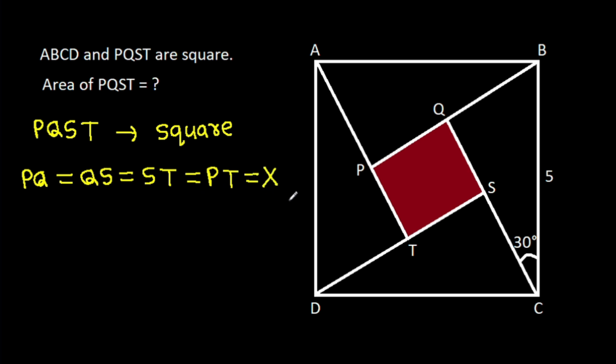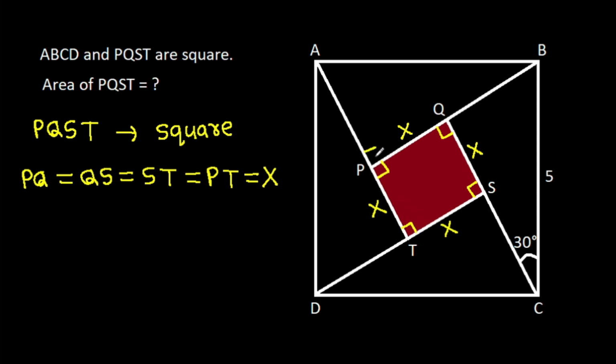Suppose X: PQ is X, QS is X, ST is X, and PT is X. And these angles will be 90 degrees.